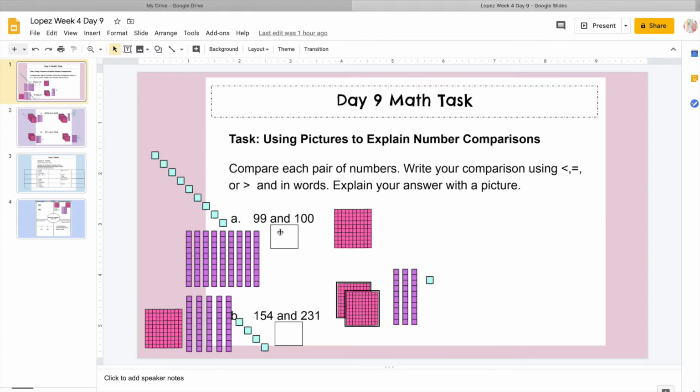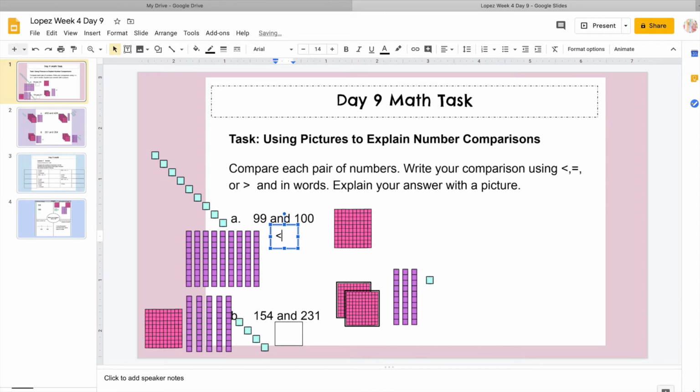So we can say that 99 is less than 100. And if you look at our pictures here, we have a hundreds block that represents the 100, and we have our 10 blocks. We have 9 10 bars and then 9 ones that represents that 99. So that is explaining the answer with a picture.